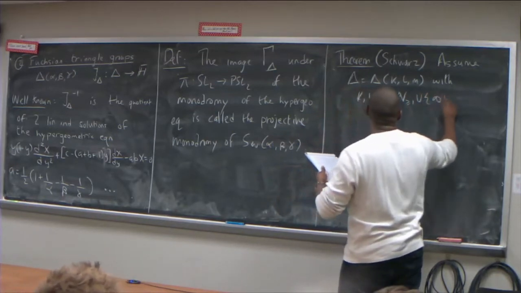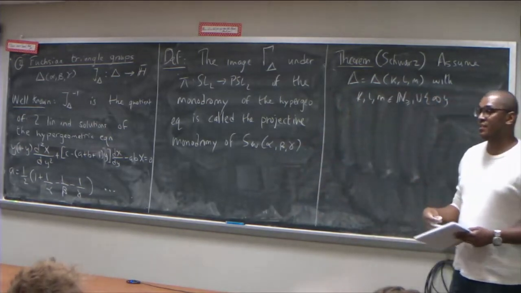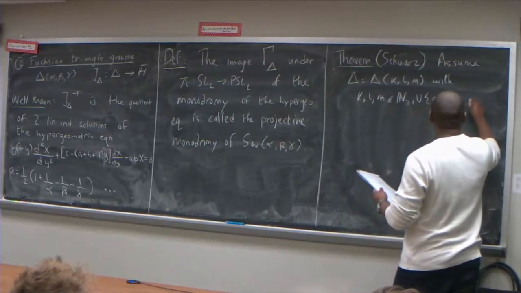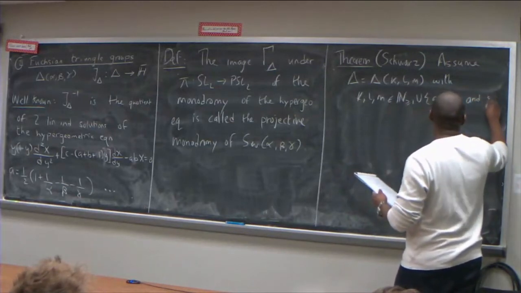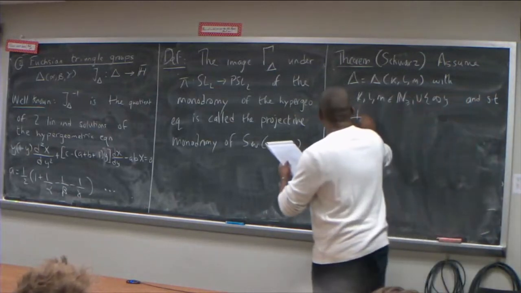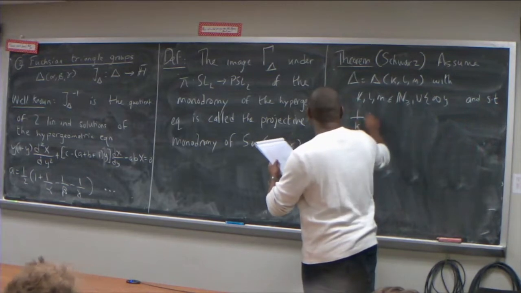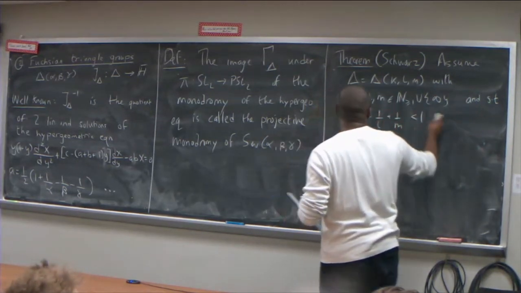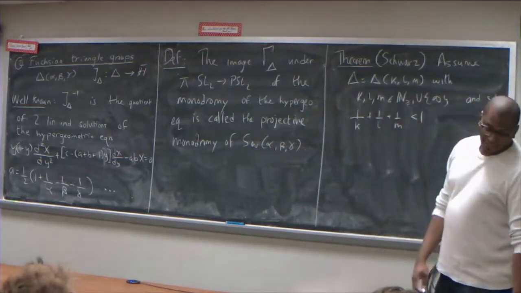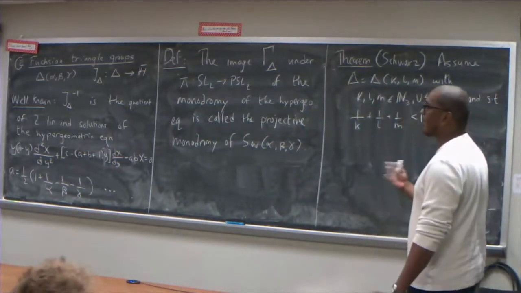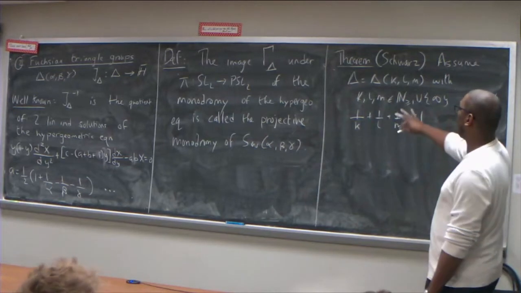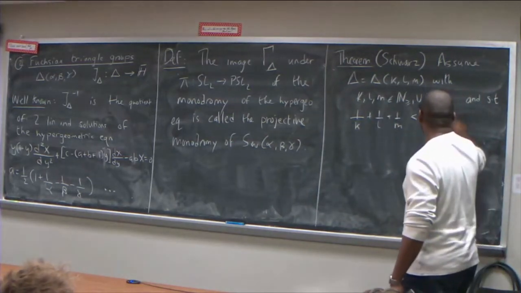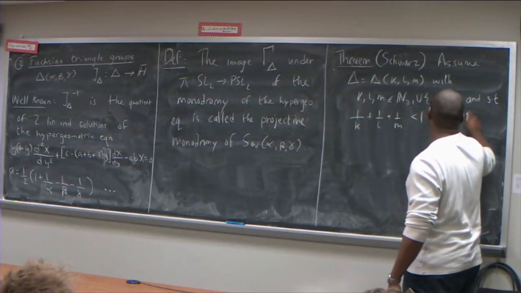I can take them to be infinity, so the quotient can be 0, an angle of 0, such that this funny condition holds. If I take the parameters defining my triangle in such a fashion, we call the triangle hyperbolic.